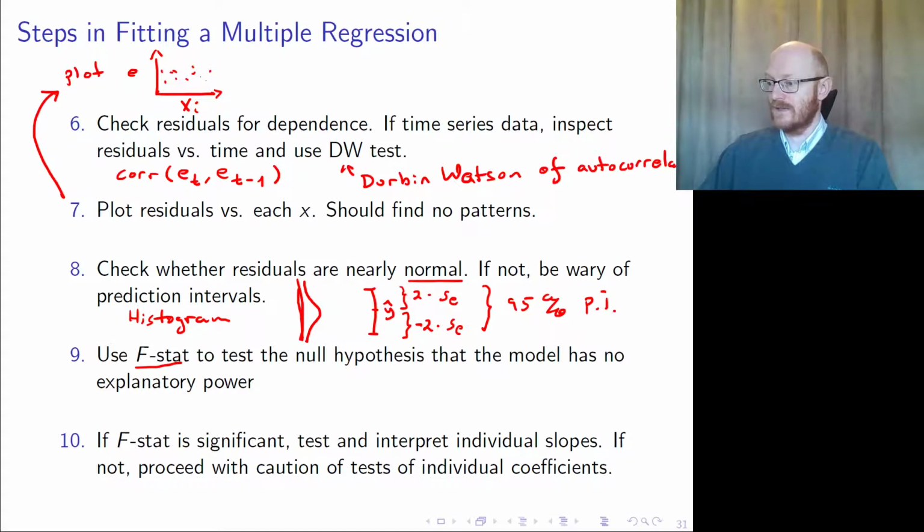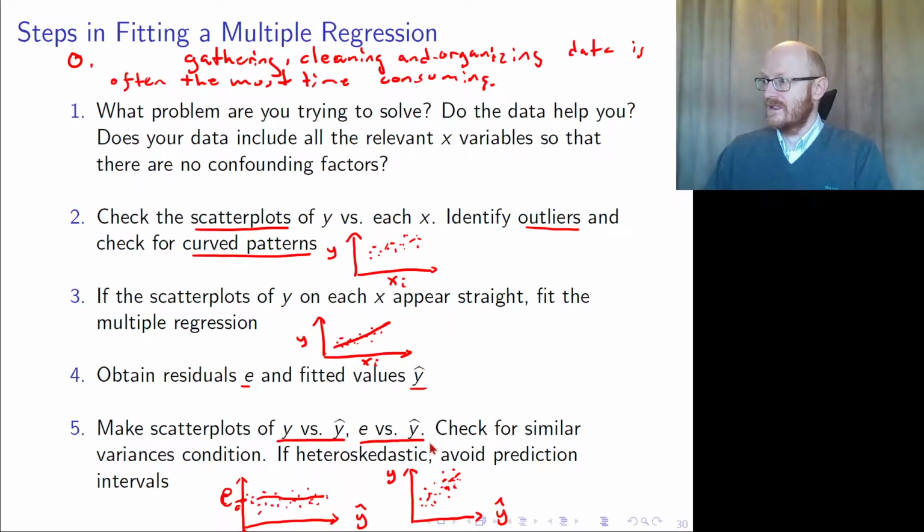has no explanatory power, because if the F-stat fails to reject the null hypothesis of at least one significant slope, then the model is not significant, and you have to think again about what kind of problem you are trying to solve, and include relevant x variables.